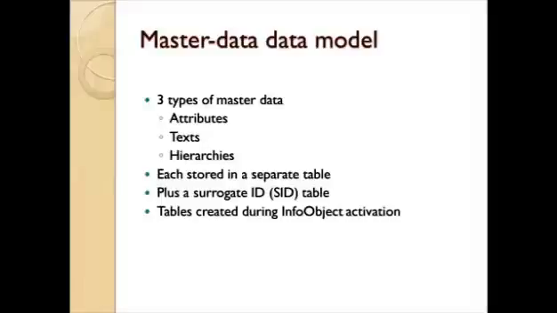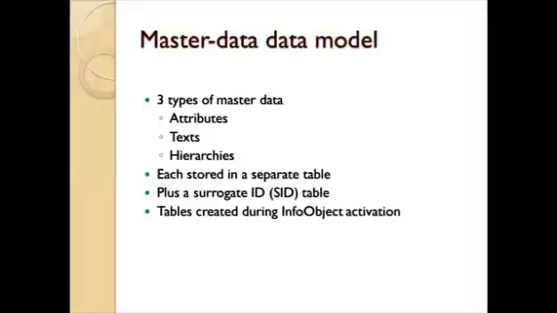So there are three types of master data, and each type is stored in a separate table. In our data model, we have one table for attributes, another for texts, and another for hierarchies.